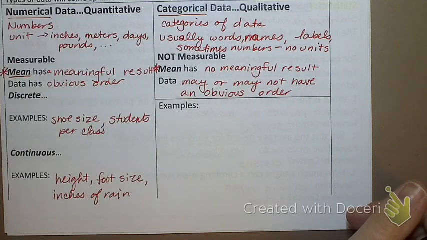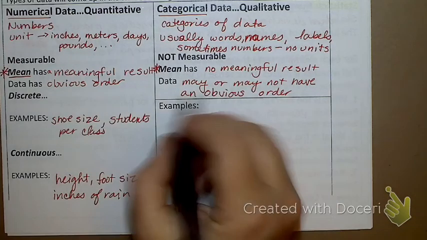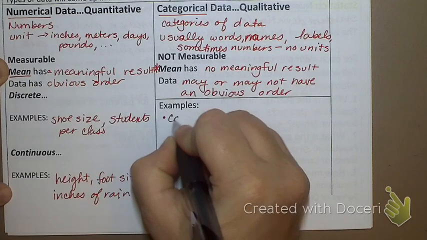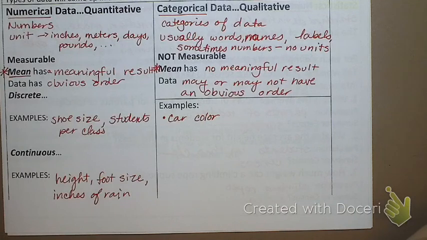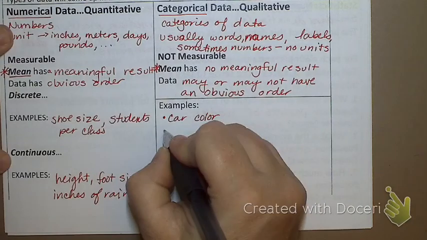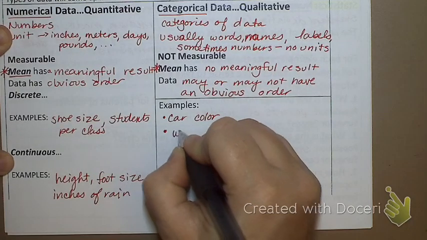Okay. So, some examples. Car color would be categorical data. If I asked everybody if you could buy any car, any color, what color would you buy? That's categorical. Whether you like chocolate or not.